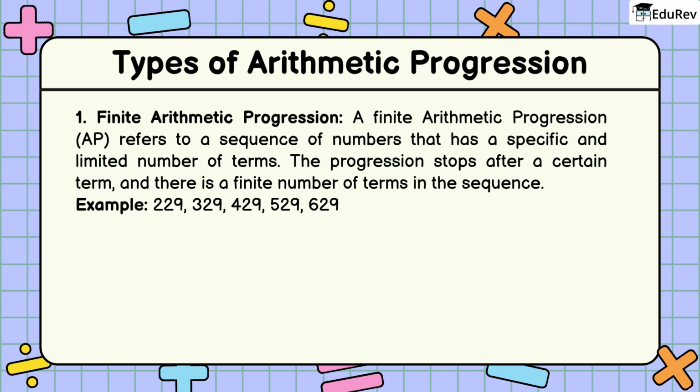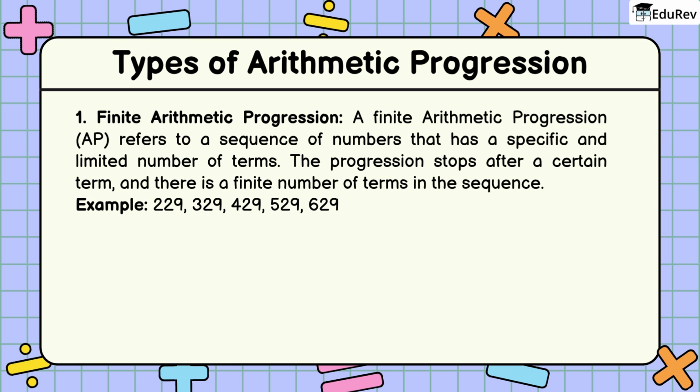First, we have the finite arithmetic progression. A finite arithmetic progression, AP, refers to a sequence of numbers that has a specific and limited number of terms. The progression stops after a certain term. An example could be 229, 329, 429, 529, 629.